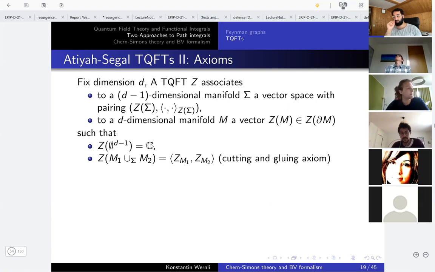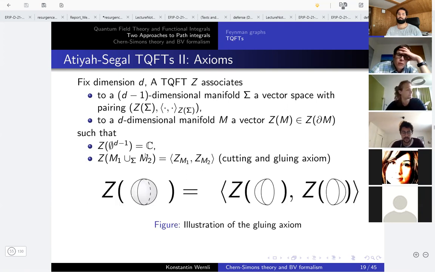In particular, this means that to a d-dimensional manifold without boundary, you're associating a number, because a number is a vector in C, right? So this is a graphical illustration. Z of a sphere is you take Z of the left half sphere, Z of the right half sphere, you pair them together, they live in Z of the circle, which is a vector space, and you'll get a number in C.